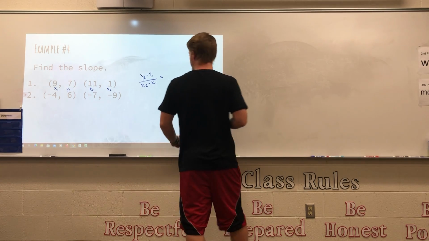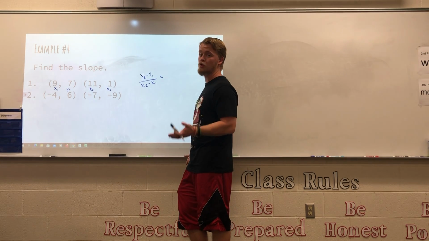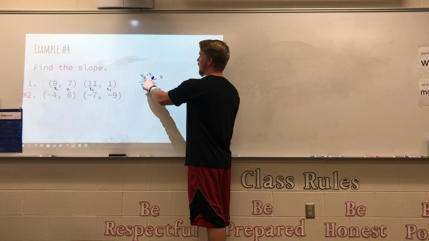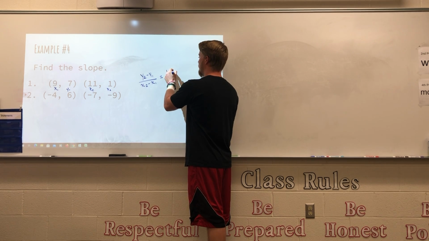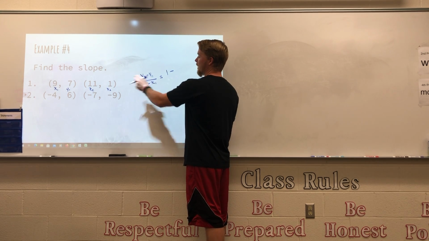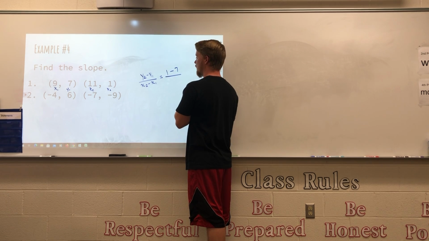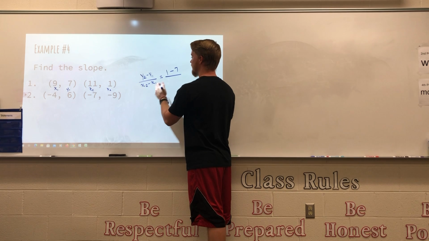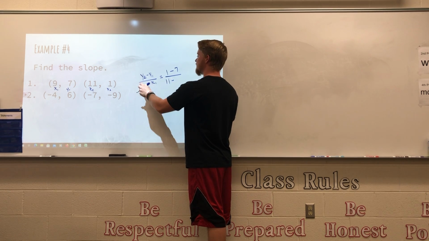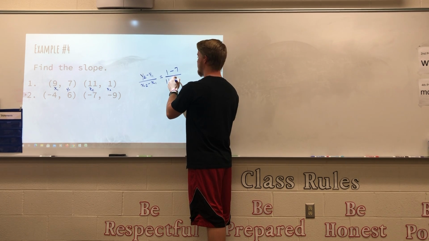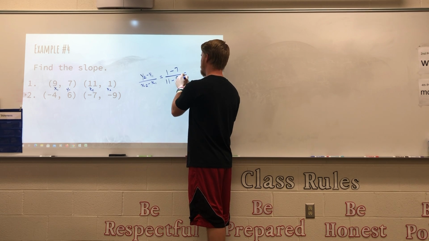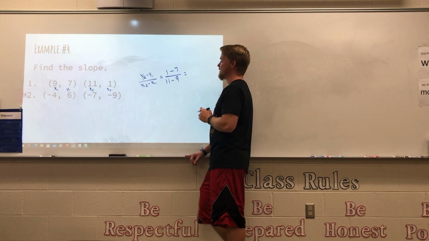Once they are labeled, you can plug them in. So my y2 is 1 minus my y1 is 7 over my x2 is 11 minus my x1 is 9. So then we're going to simplify.